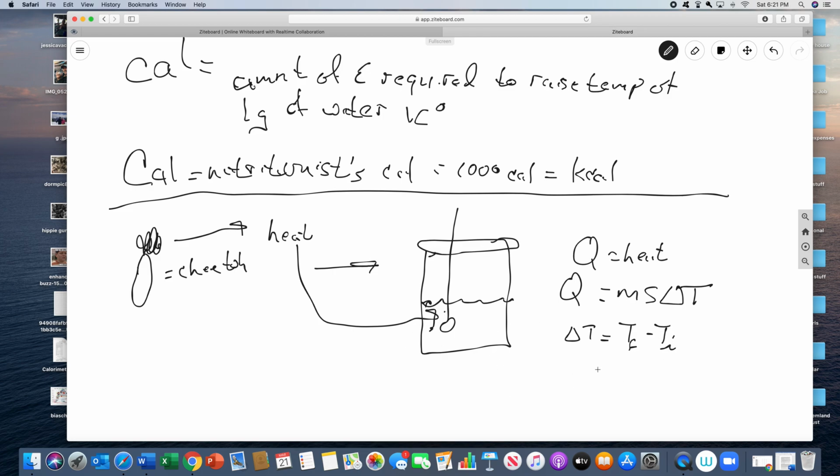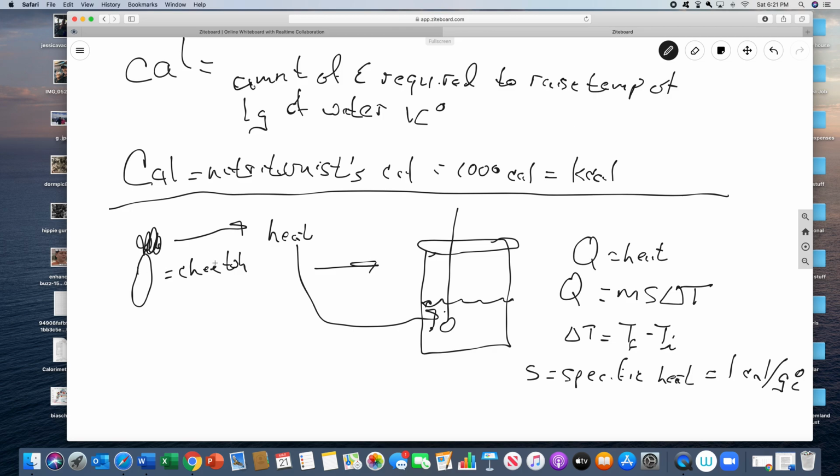S, as I said, is the specific heat of water, and that's related to a calorie. It's 1 calorie per gram degree C. All right, let me erase the board here.